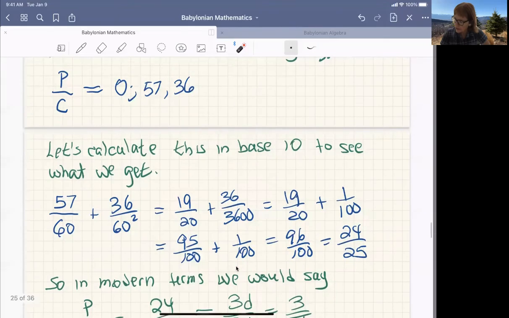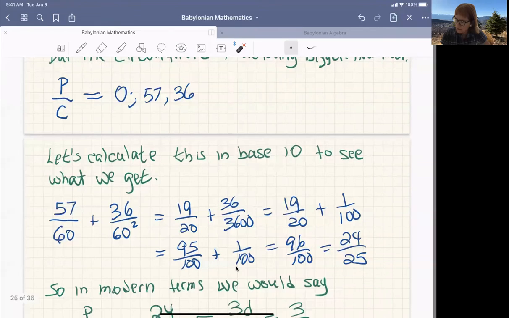So remember, if your number looks like this, so we don't have any integer part, the next one is divided by 60, and the next one is divided by 60 squared. That's because it's a base 60 fraction.